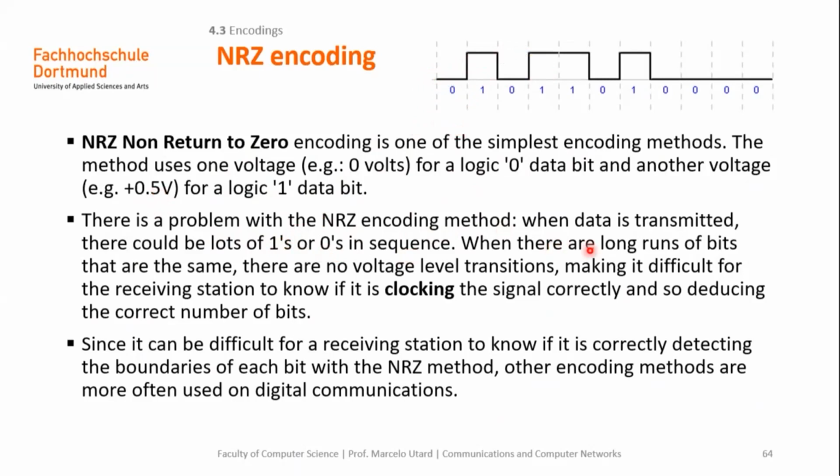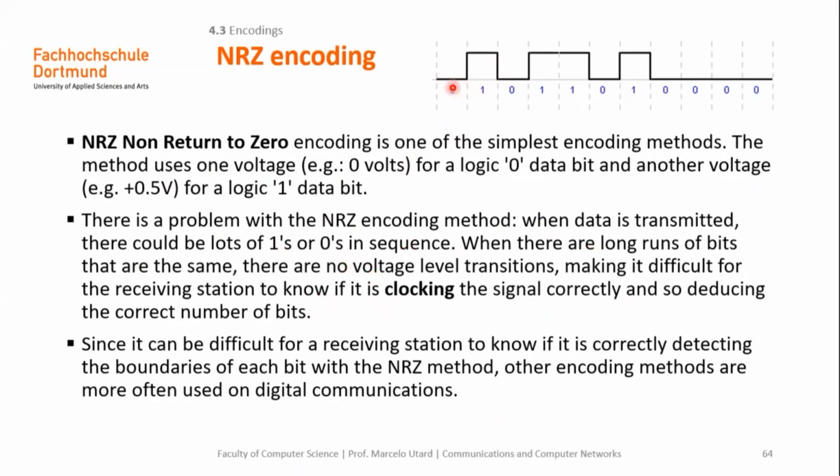When there are long runs of bits that are the same, there are no voltage level transitions, making it difficult for the receiving station to know if it is clocking the signal correctly and so deducing the correct number of bits.